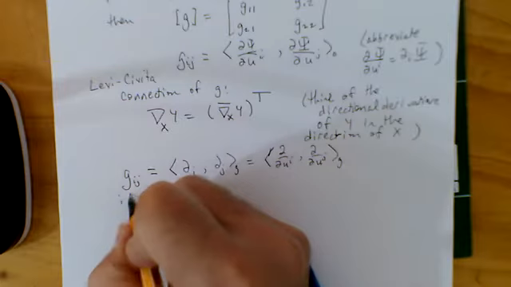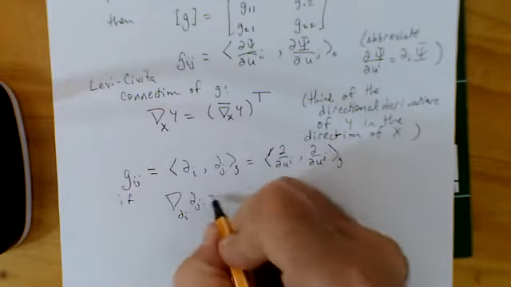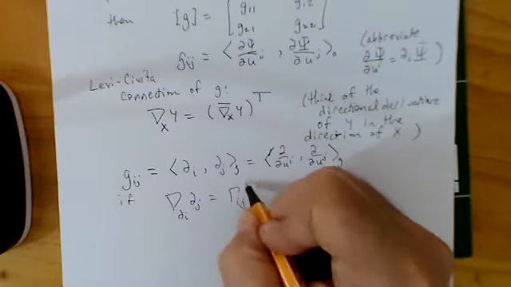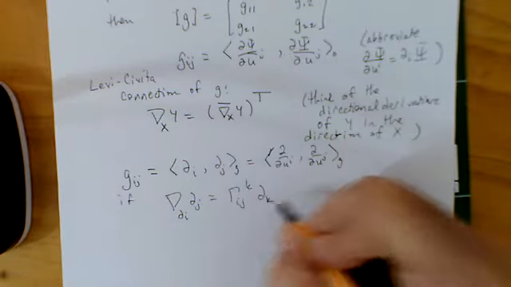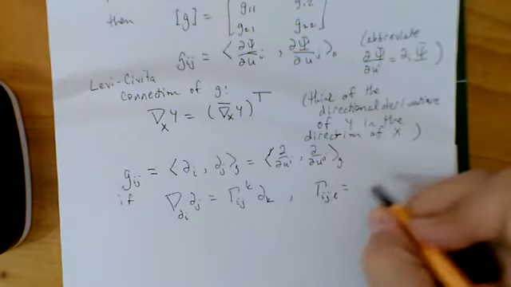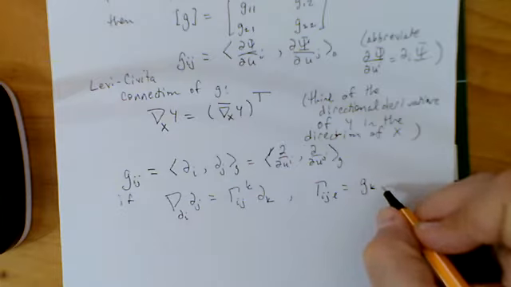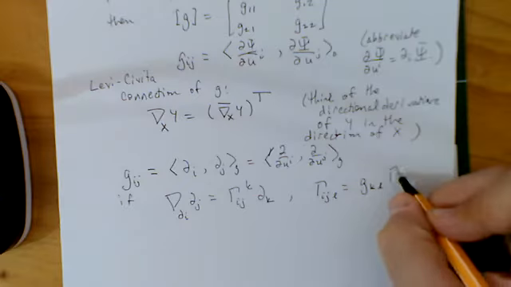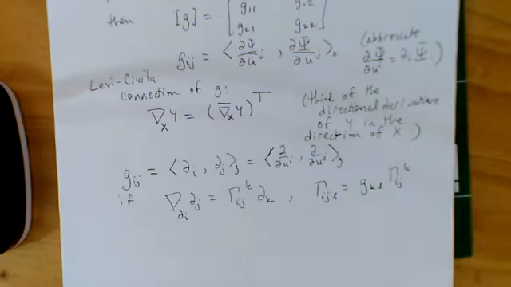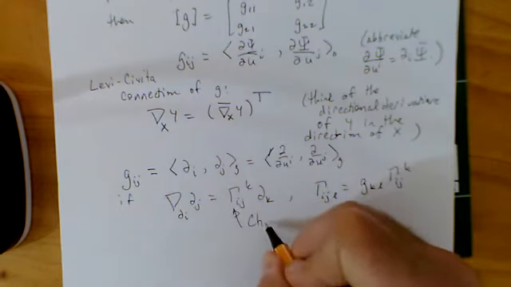So if I write my connection in local coordinates using these symbols, these things are usually called the Christoffel symbols.